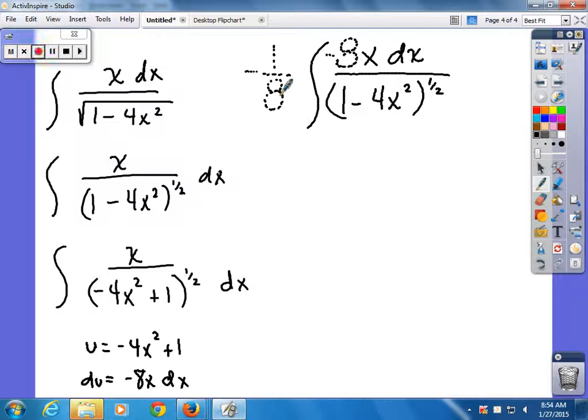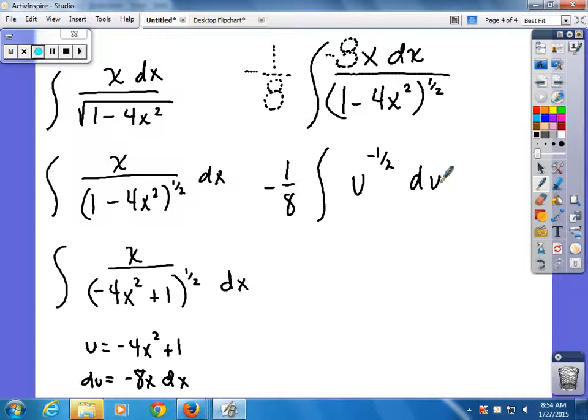du over u to the 1/2, so bring this up: u to the negative 1/2 du.